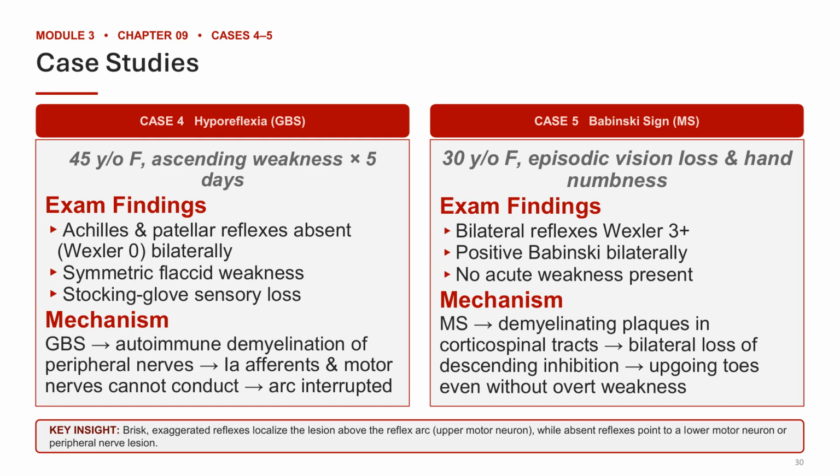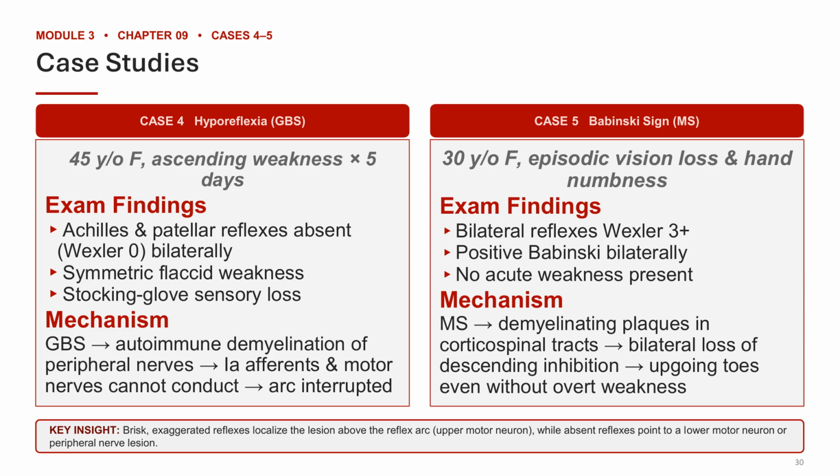2 more patients, chosen because they sit at opposite extremes of the spectrum. Case 4. A 45-year-old woman with ascending weakness over 5 days. The Achilles and patellar reflexes are absent bilaterally. There is symmetric, flaccid weakness and stocking glove sensory loss. The mechanism is Guillain-Barré syndrome, autoimmune demyelination of peripheral nerves.